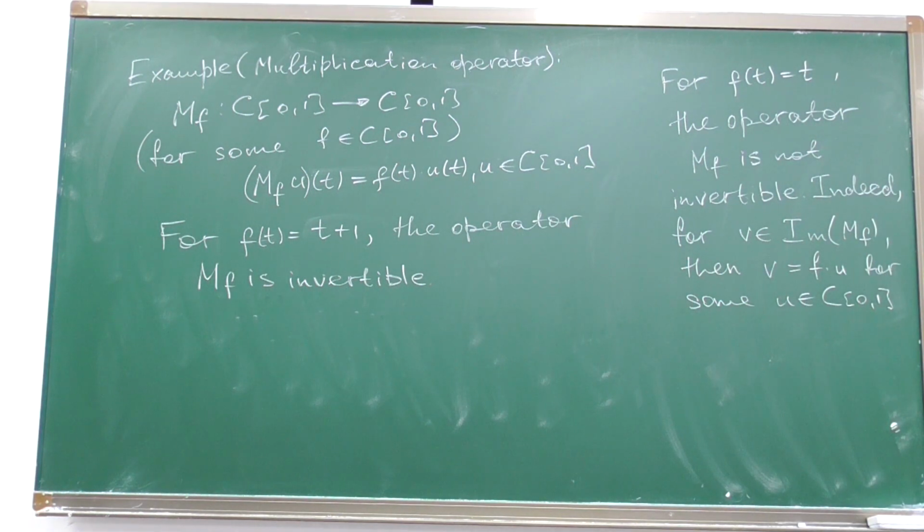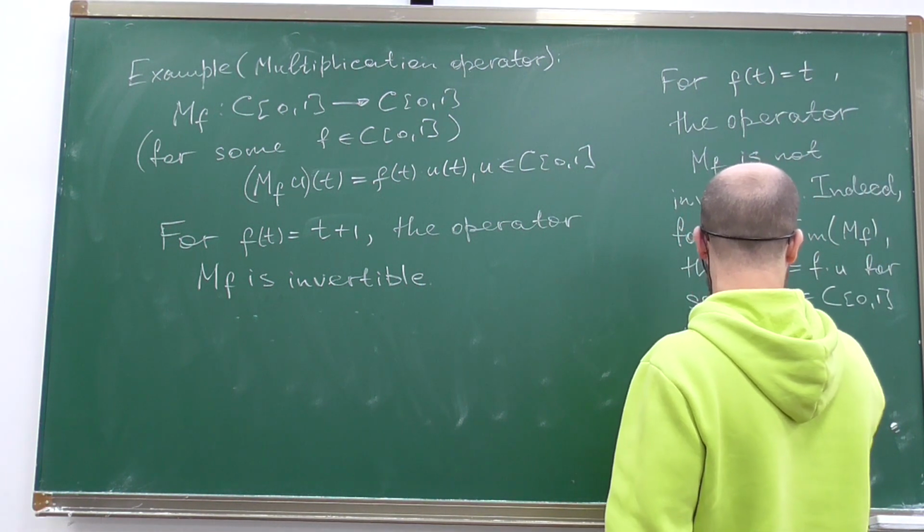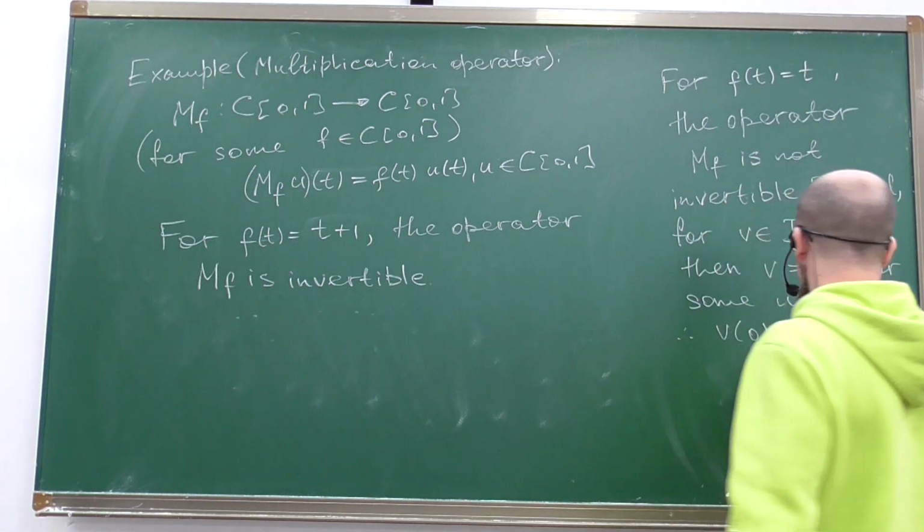But f equals 0 at 0. So in particular, this v also equals 0 at 0. V of 0 is 0.